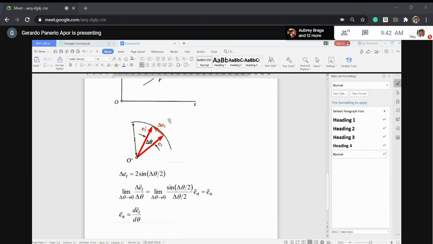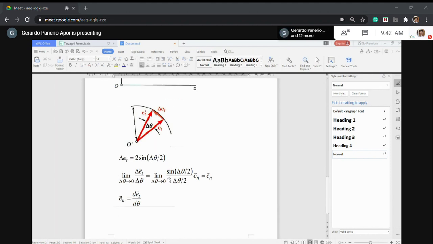So that is the explanation here. Delta theta is divided into 2, and if you draw a line from here to there, you have a right triangle.